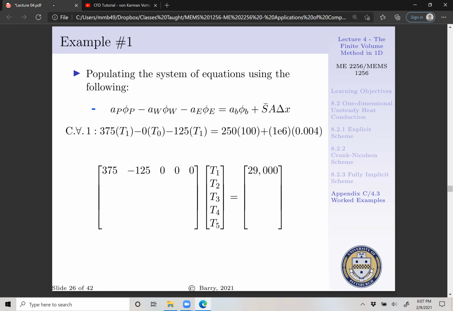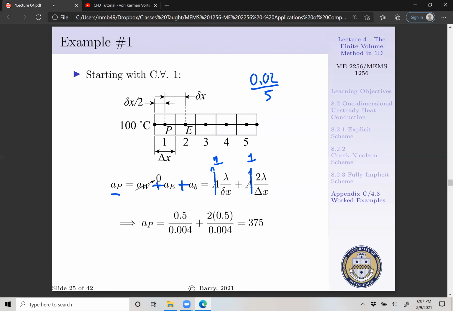Now here was our initial equation, where we have AP phi p minus A west phi west minus A east phi east. Now when we look at this, for our first control volume, our center cell P is at cell 1, our eastern cell is at 2. A west is non-existent because we don't have a cell out here, but we have AB.